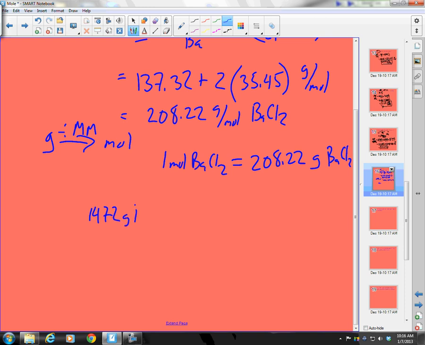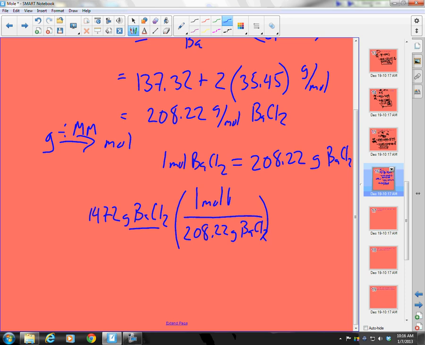Then I have 1472 grams of barium chloride. I'm going to multiply that by a fraction. I'm going to put in the denominator what I want to get rid of, which is grams of barium chloride. So I put 208.22 grams of barium chloride in the bottom, equal to 1 mole of barium chloride on top.